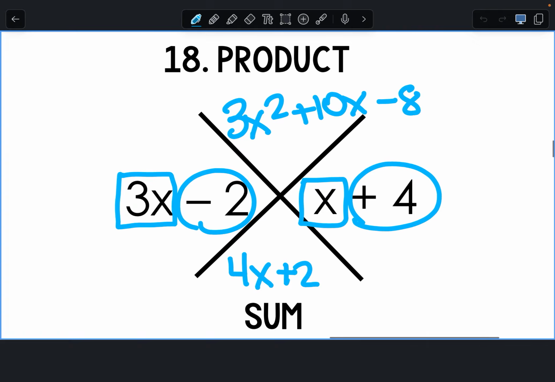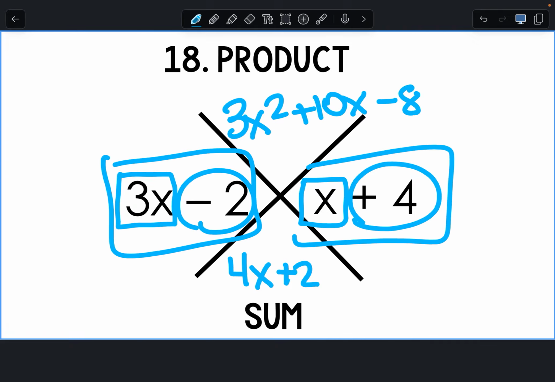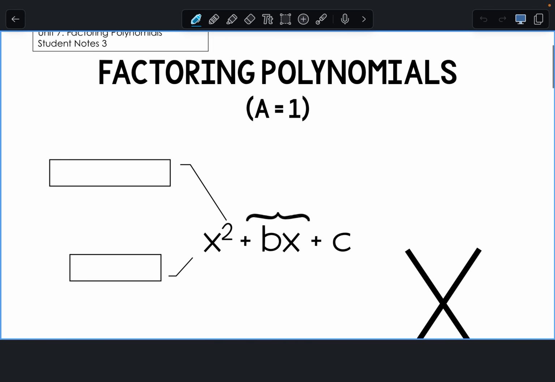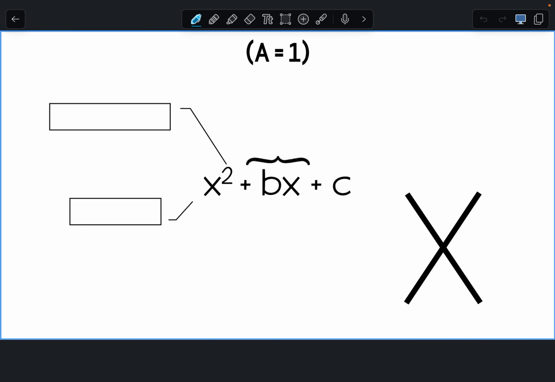But now we have to figure out how to break them back apart into these two binomials. And that's what the diamond problems help with, okay? Now, anytime you have a trinomial, 3 terms, where the largest exponent is a 2, that is called a quadratic function.